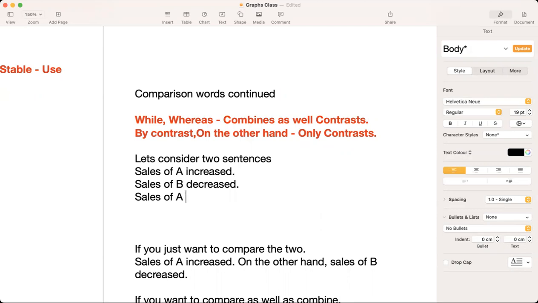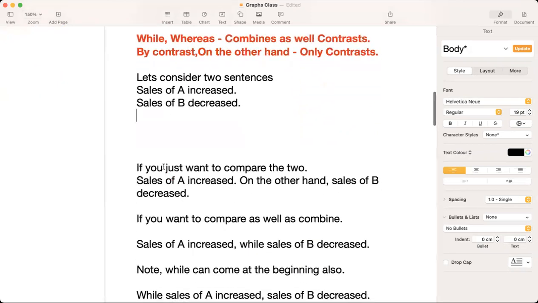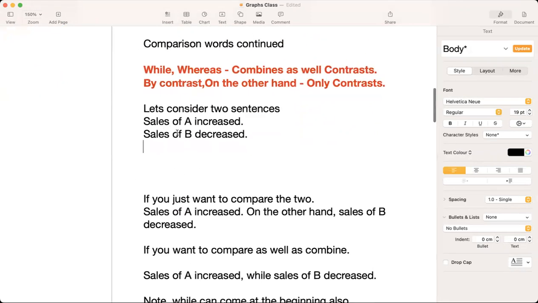Okay. Now, let's see when do we use while, when do we use by contrast. So if you just want to compare the two sentences, for example, sales of A increased, sales of B decreased. We don't want to join the sentences. Then we use by contrast and on the other hand. So look at this. Sales of A increased, full stop. You're ending that sentence.